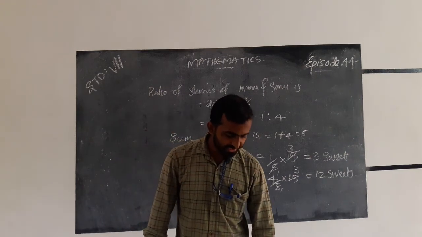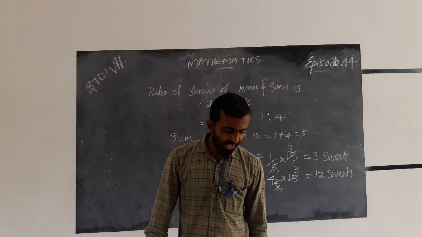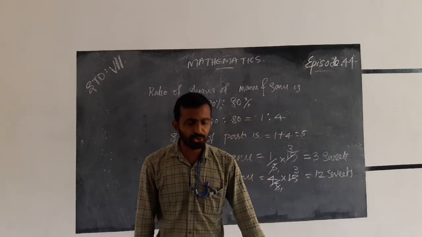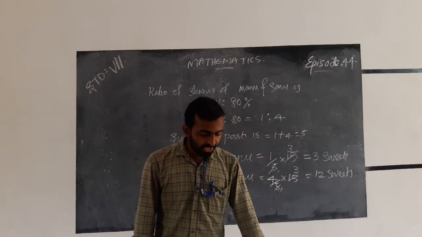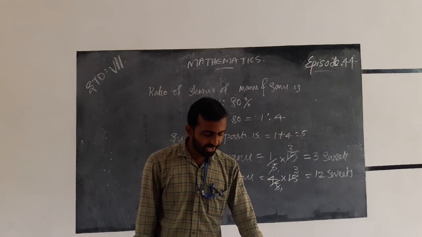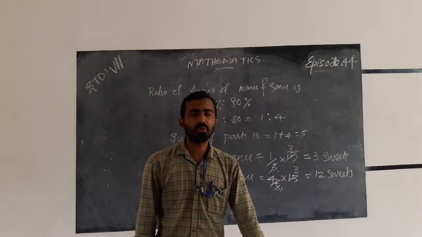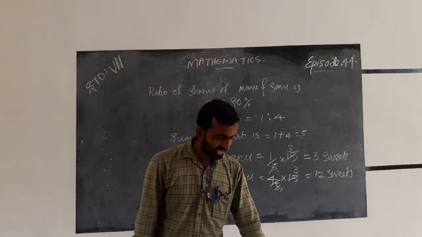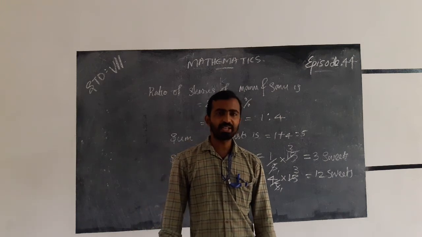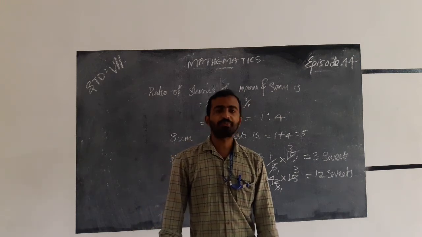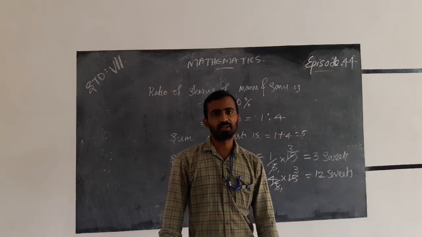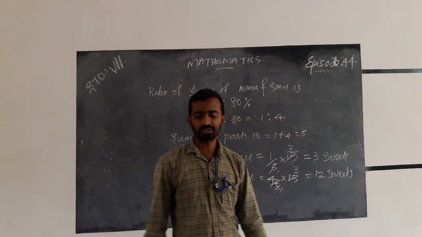And next question: if the angles of a triangle are in the ratio 2 is to 3 is to 4, find the value of each angle. We want to find the angles.